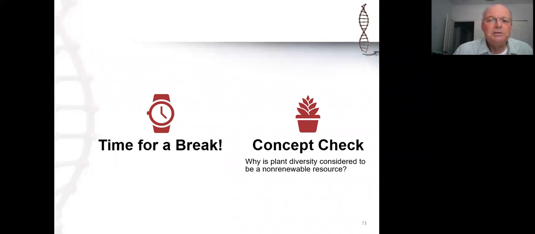If we destroy that, if we lose our habitats, if we lose our ecosystems, if we don't take advantage of what plants have to offer us, and we don't take advantage of those resources while the plants are still present, once they're gone, they're gone for good. They're permanently lost.